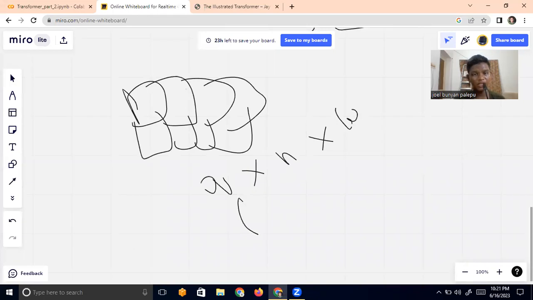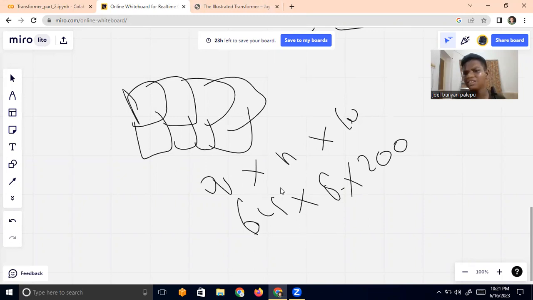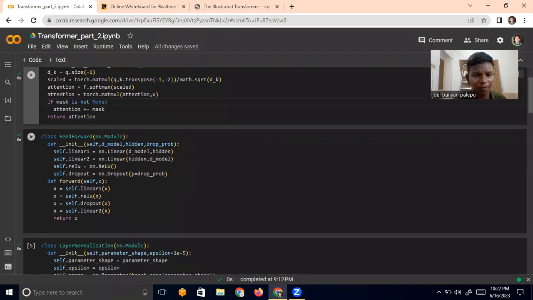If you think about the query vector as 64, and the number of heads as 8, and let's say the words as 200, then 64 into 8 is 512, and 512 into 200 is somewhere around 1000. You understand, right? A lot of values. So that is d_model. We're going to have that many outputs.